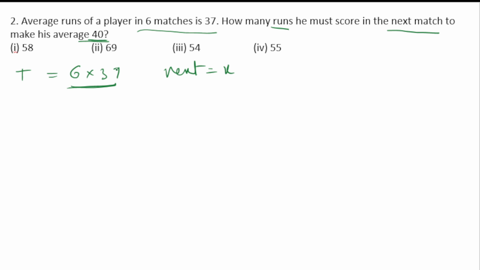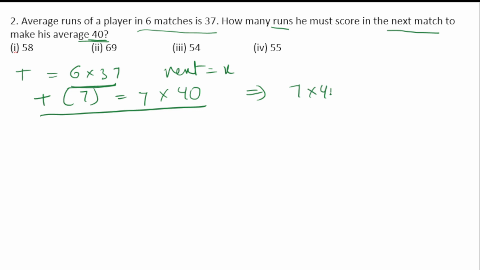So the average becomes 40. So here what is the total runs of the 7 matches? It is number of matches into average, into new average, it is 40. So here the total runs of the 7 matches will be equal to 7 into 40.